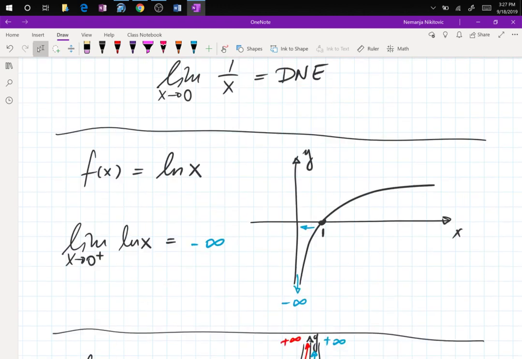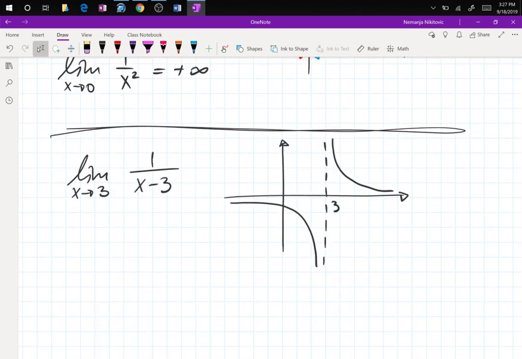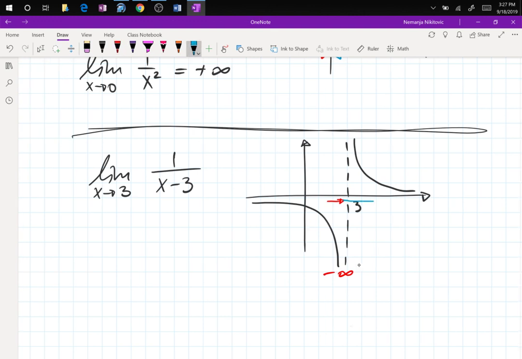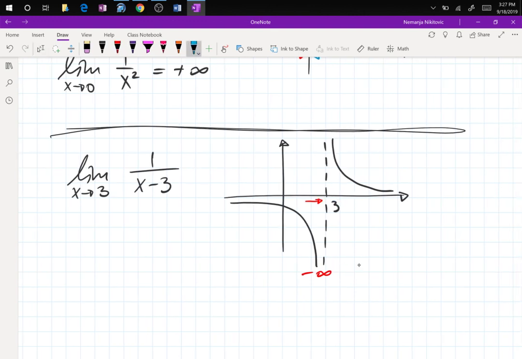Now, when you have x minus 3, it's going to be shifted 3 units to the right. So now you will see that Juliet from this side goes to negative infinity, and Romeo from this side is going to go to positive infinity, and then you know that the answer is limit does not exist.